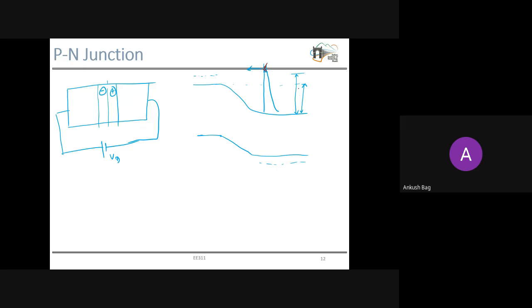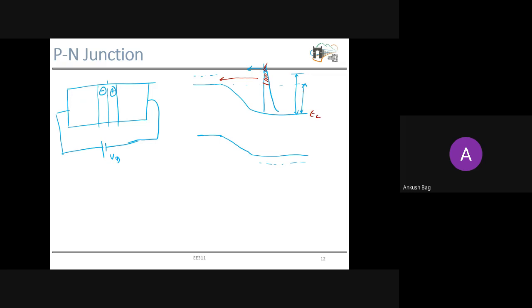Now due to forward biasing, more electrons, these additional electrons, will be able to cross this potential barrier. This is the overall electron concentration profile above EC, the conduction band.